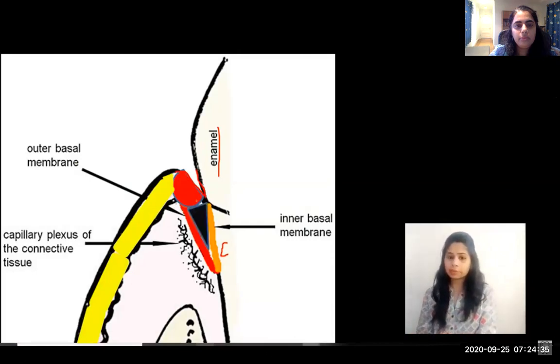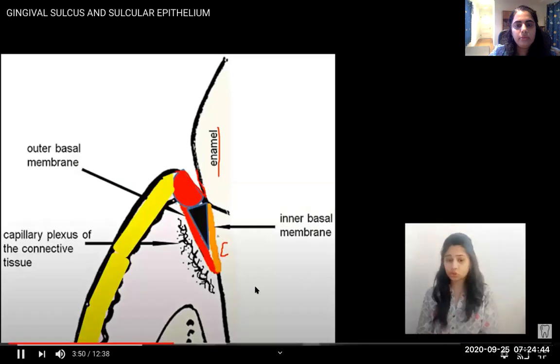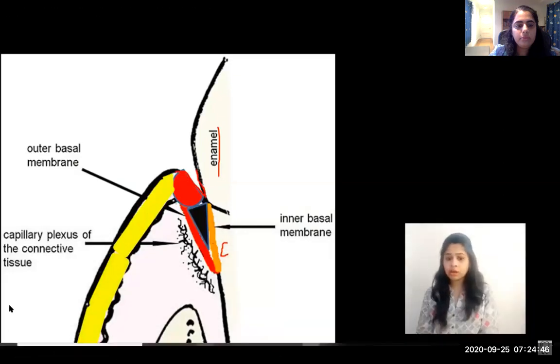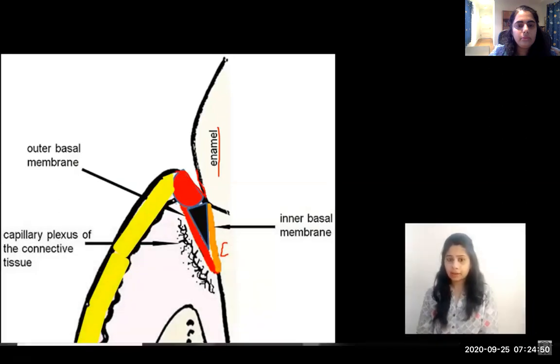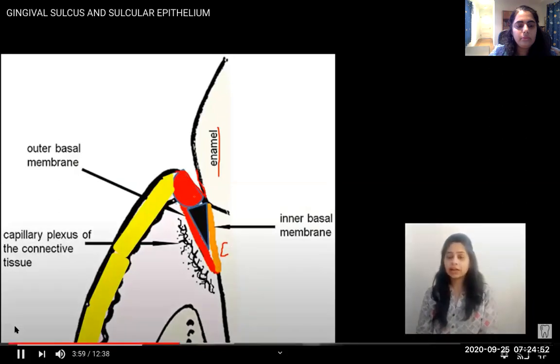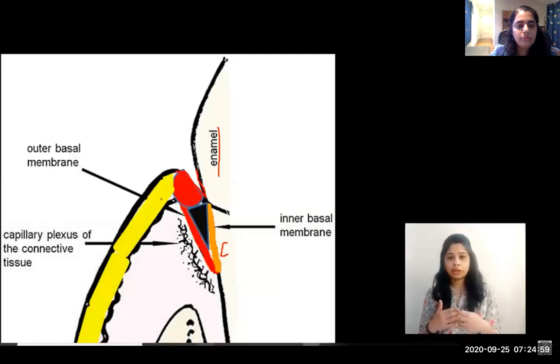And the third type of epithelium here is the junctional epithelium. Now the peculiar aspect of the junctional epithelium is that it is bound by a tooth structure. So here, as you can see, this yellowish shaded region, the junctional epithelium is bound by the layer of cementum. Whereas the sulcular epithelium and the oral epithelium does not have any tooth structure which is in contact with the epithelium.